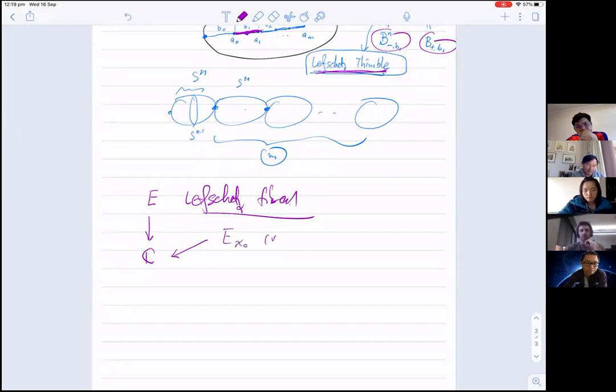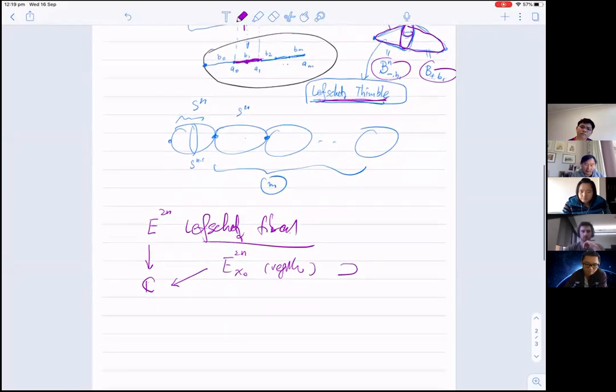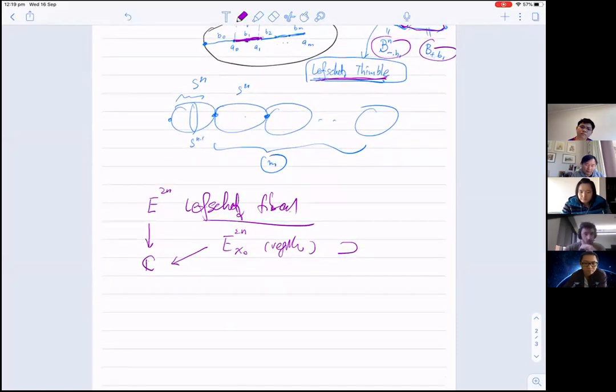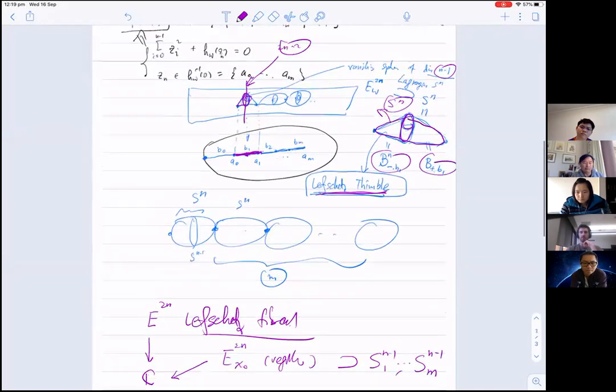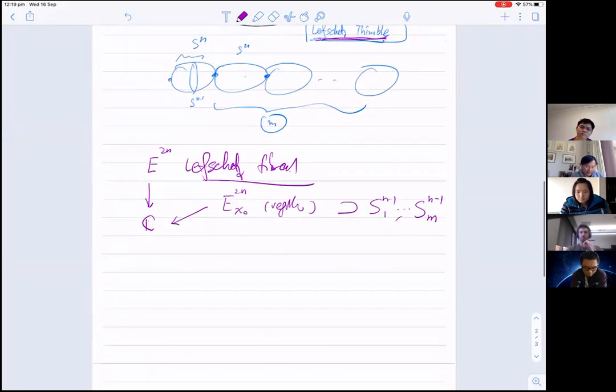So this is a regular fiber. This is two-dimensional. And here we have vanishing cycles, so maybe I call them vanishing cycles, S^{n-1}. Actually, you have the same number of vanishing cycles, m, or m plus 1.